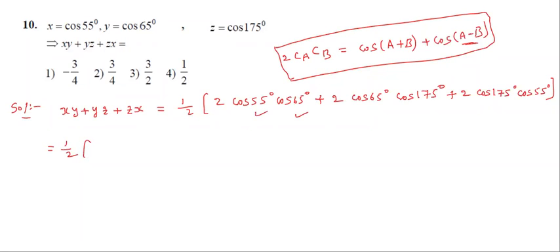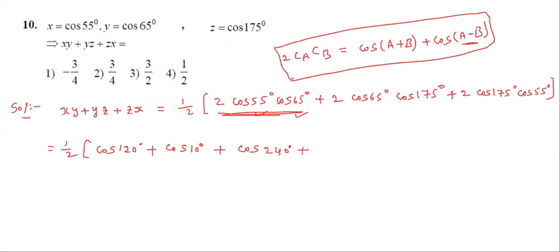Now tell me, cos of A plus B, 65 plus 55, 120 degrees. Yes or no? Plus cos of A minus B, 65 minus 55, that is 10 degrees. So the first term is completed. Plus, go to the second term, cos of A plus B, 175 plus 65, 240 degrees. Yes or no?